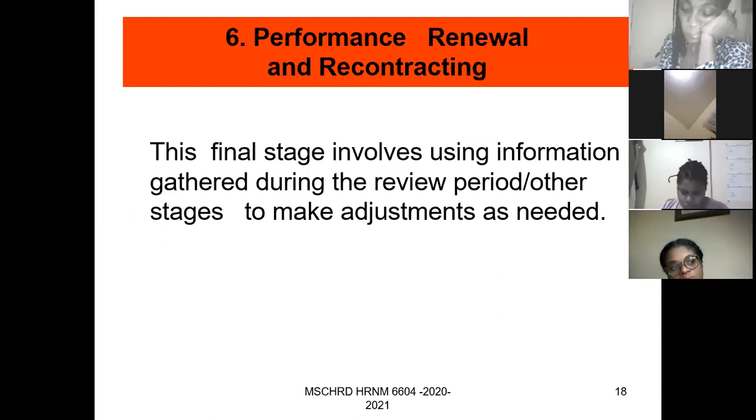But it's very, very important that you allow that person, no matter how poor the performance is, to leave that appraisal meeting re-energized and re-motivated.